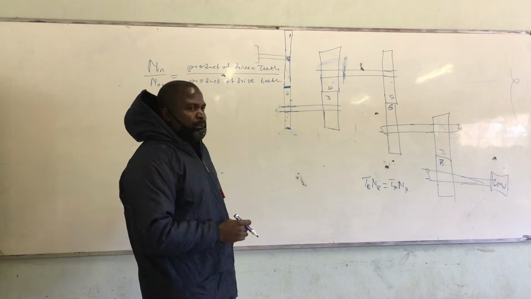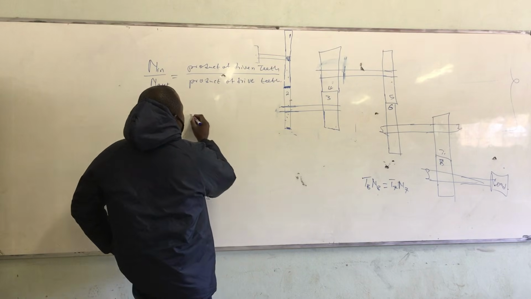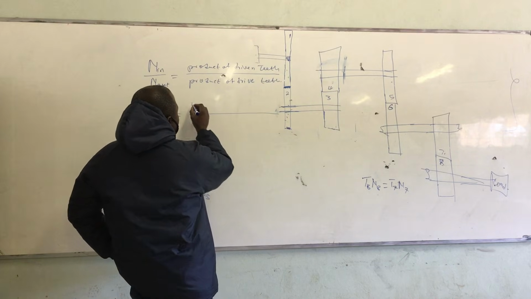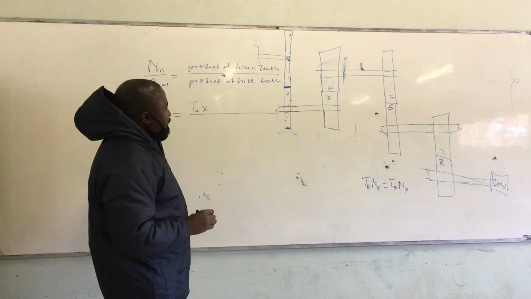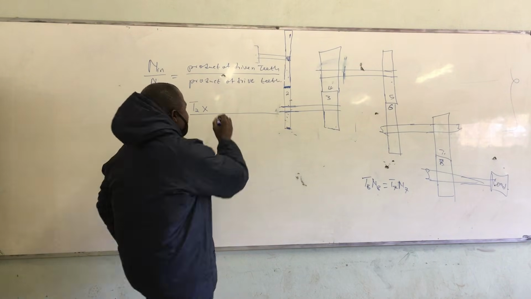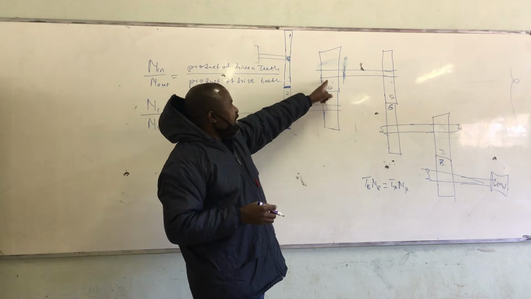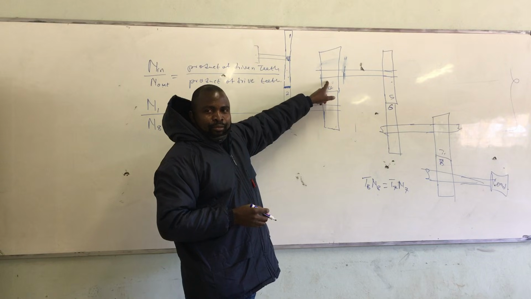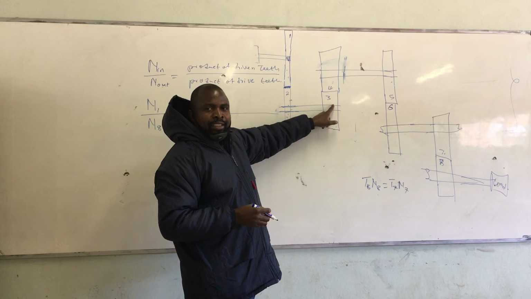Gear 2. Gear 2 is being driven by which gear? Gear 1. So now let us write a driven gear, which will be T2 times. Do you have any other driven gear? T4. Yes, T4. What is it that is driving T4? It's T3. So T3, what is it that is driving T3?